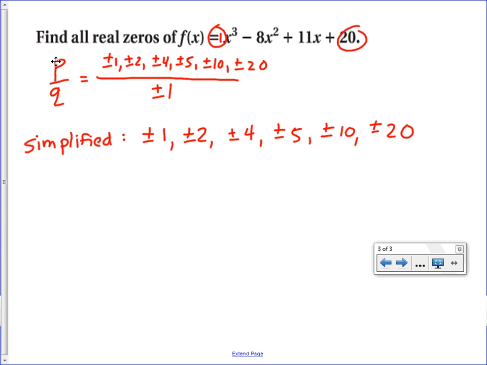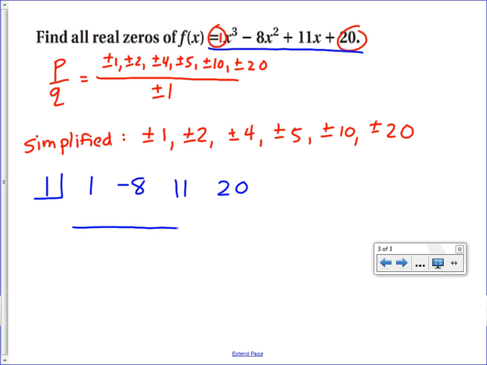I'm going to start by testing positive 1. The first thing on my list, and number 1 is really easy to deal with. So I'm going to put positive 1 in my little box and set up synthetic division. My coefficients are 1, then negative 8, then 11, and then 20. And this is why it's helpful to be very good and very fast at synthetic.